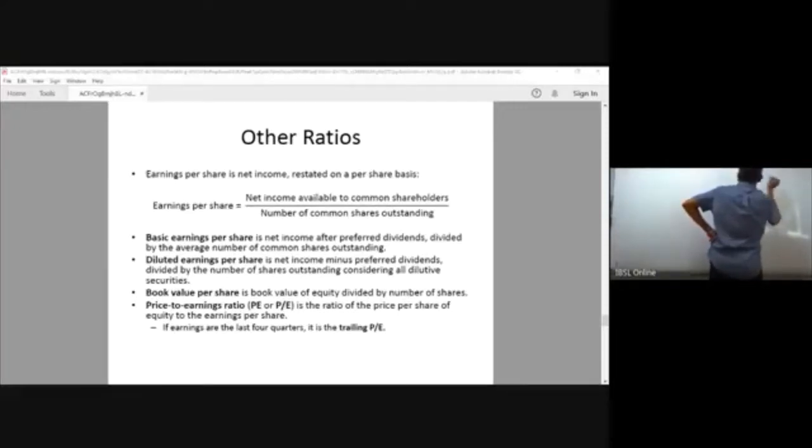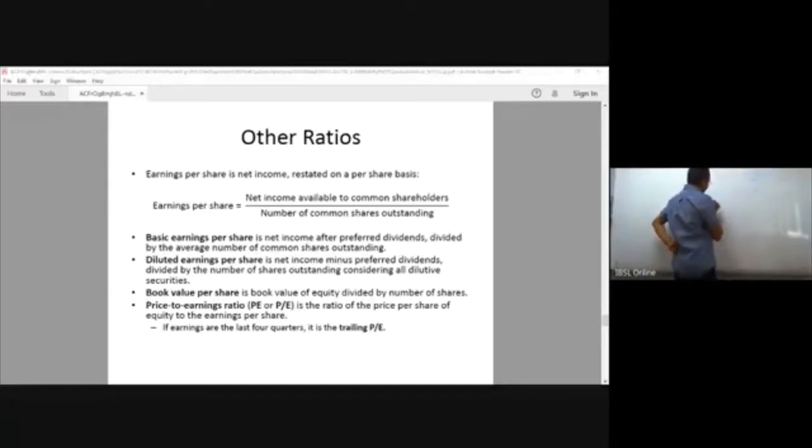Now let us say your earning per share is about 10 rupees, right? So the market price of your share is, let us say, 100 rupees.